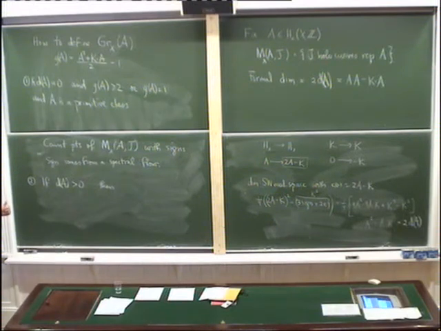Each point introduces a two-dimensional restriction, so it'll cut down the dimension of your moduli space by 2 for every point.